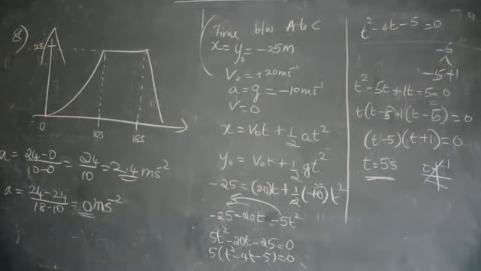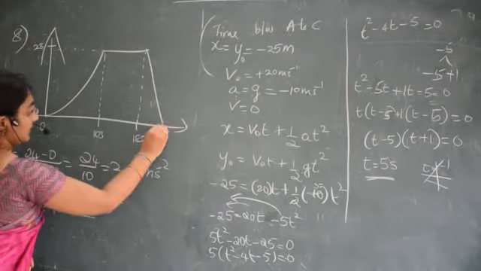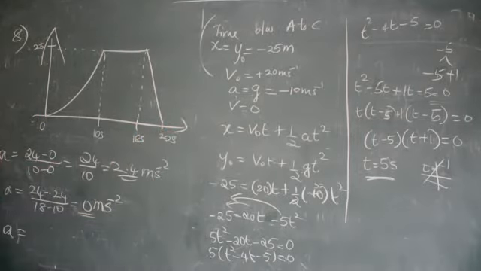Correct? Third one, you have to calculate acceleration from 18 to 20. 20 is here. 24 becomes 0, correct?